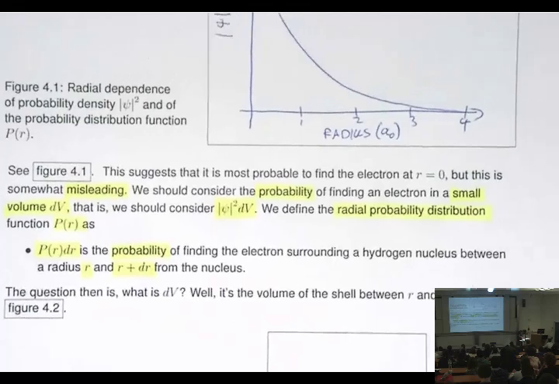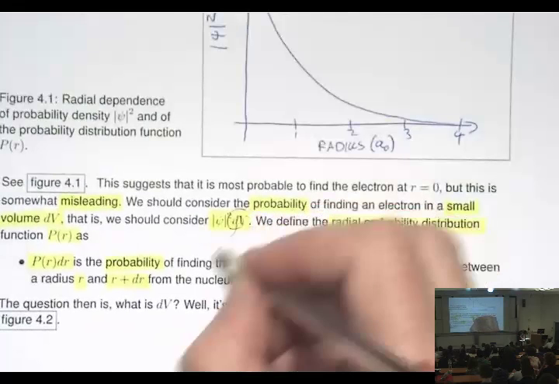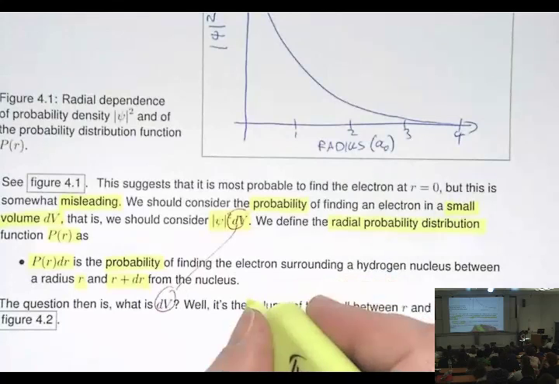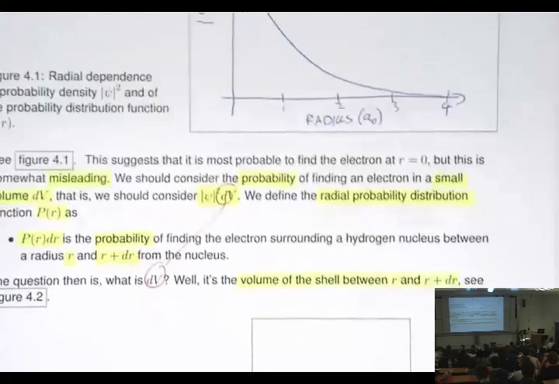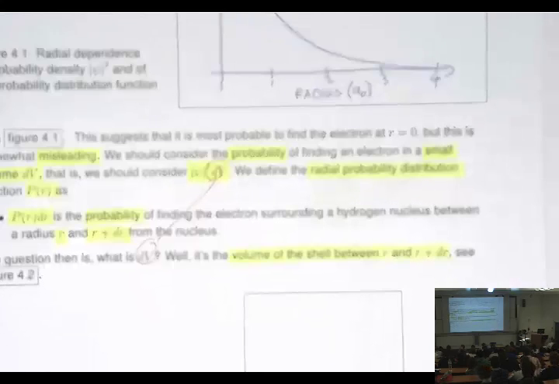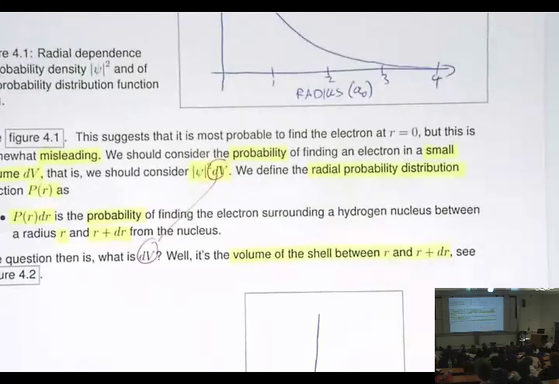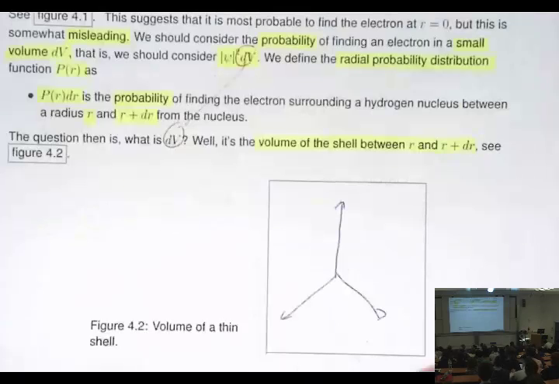So that's good. What we need to know is, what is this dV thing? All it is is the volume of the shell between r and r plus dr, and I'll draw a picture of it. So we've got x, y, and z.